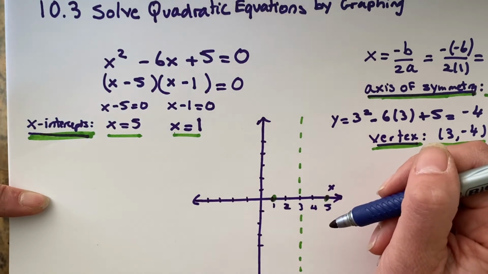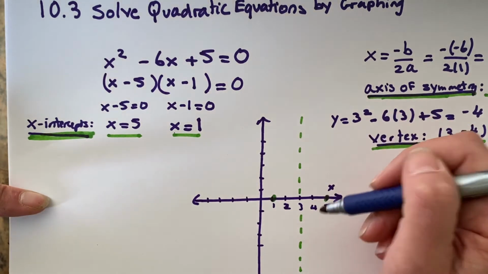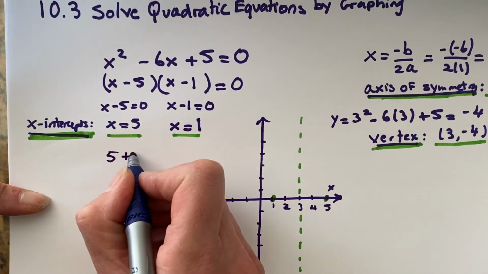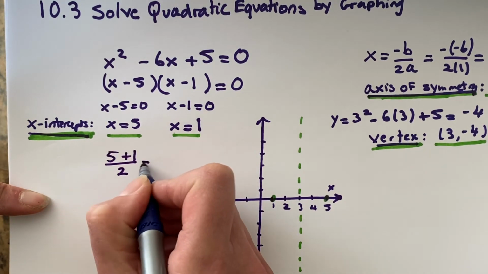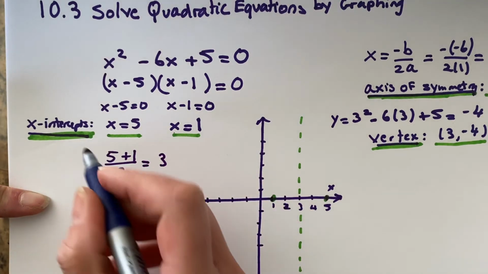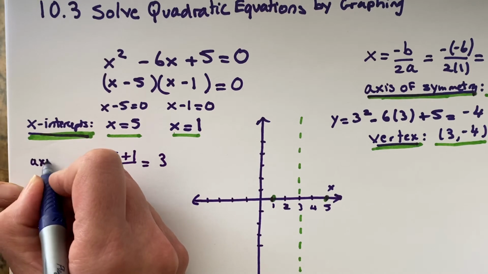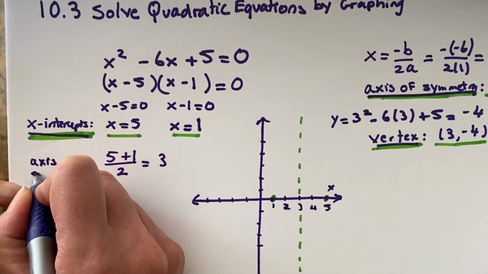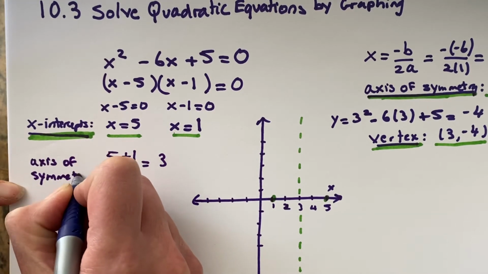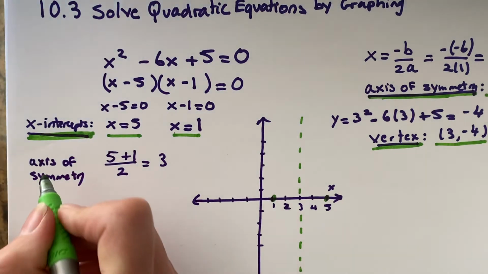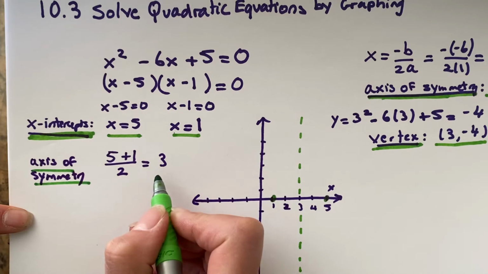So a really easy way to find that axis of symmetry is just to average the intercepts. 5 plus 1 divided by 2, which is 3. So this is another way to find your axis of symmetry. And I'm just going to put it here again, just so you can see there's two ways of getting it. If you find your x-intercepts, super easy also to find your axis of symmetry.